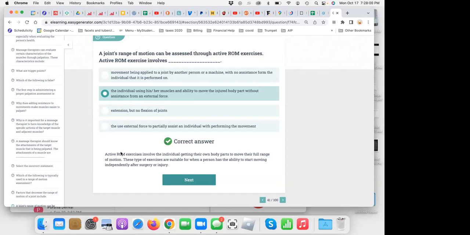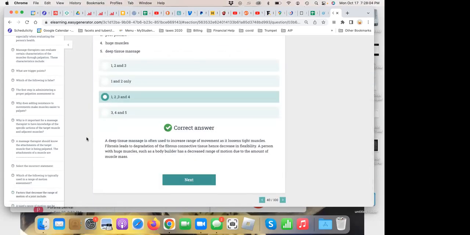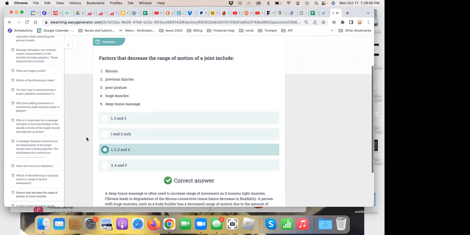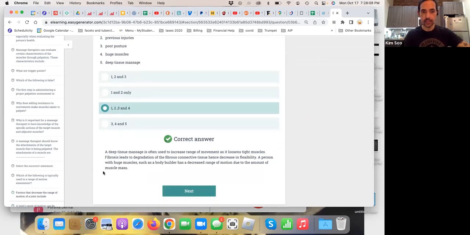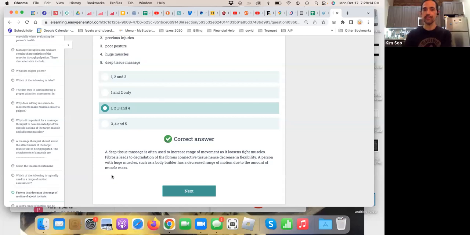Can we go back to 40? That was a little confusing. Just read the bottom of it quick. Oh, okay. You mean this part down here? Yeah. A deep tissue massage is often used to increase range of motion as it loosens tight muscles. Fibrosis leads to the degradation of the fibrous connective tissue, hence a decrease in flexibility.